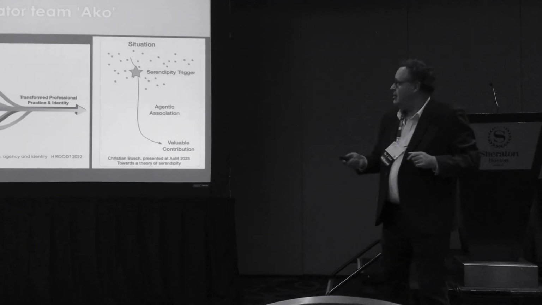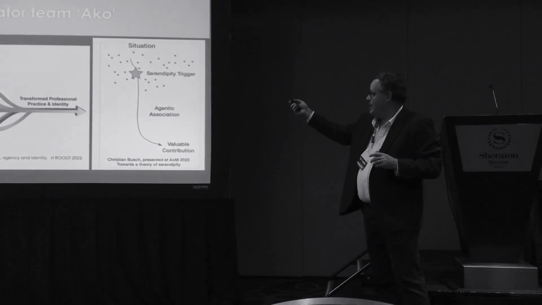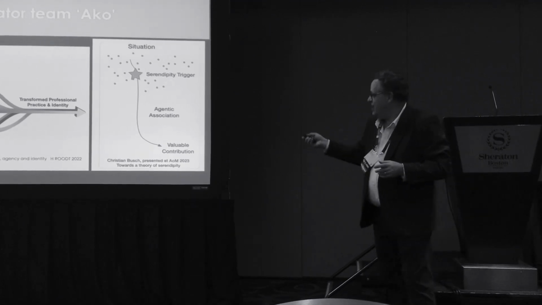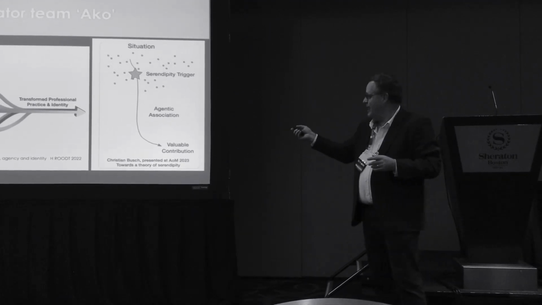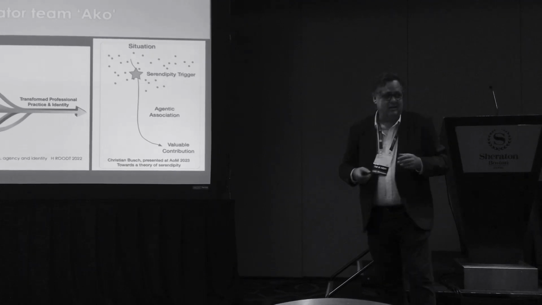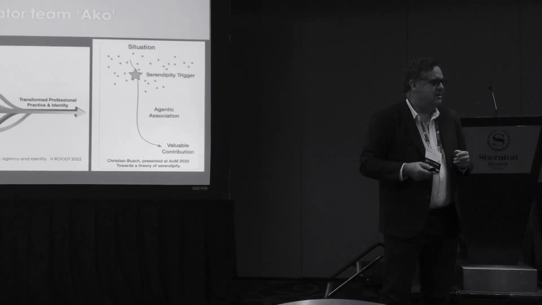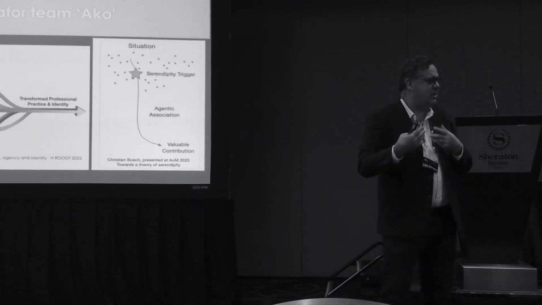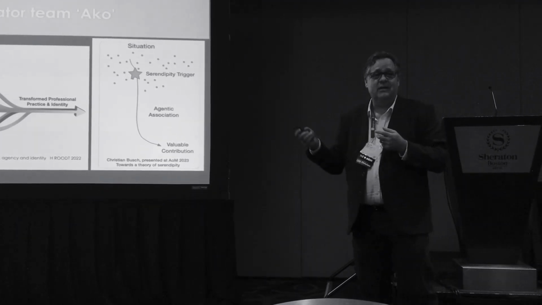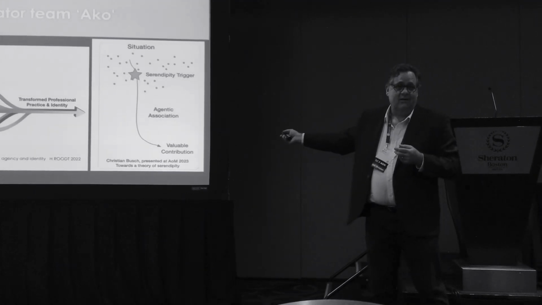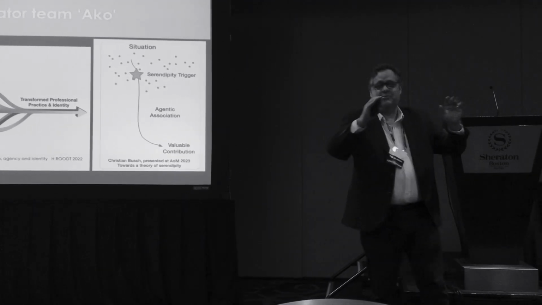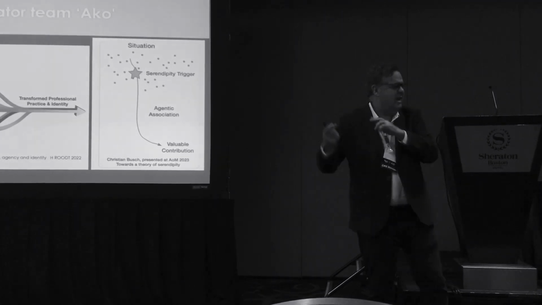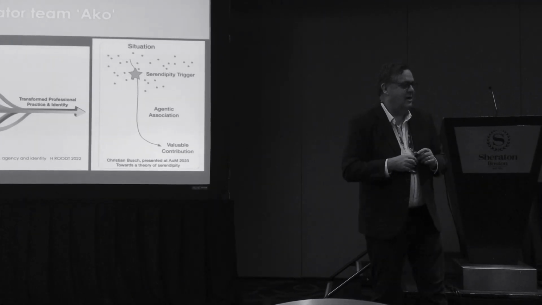And he said, look, when there's a situation out there, there's a serendipity trigger, something happens, and then you make sense in a certain way, and he called it the agentic association. So the more agency people have at the end of a process like this, the better their chances of delivering a valuable contribution through this process of serendipity and triggers like that. It makes complete sense to me now. I hope to you too.